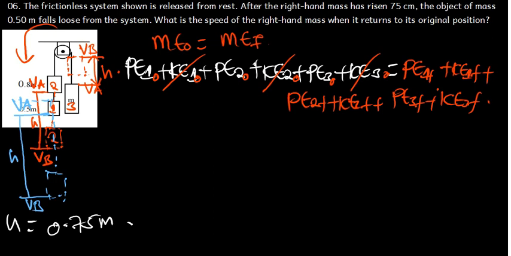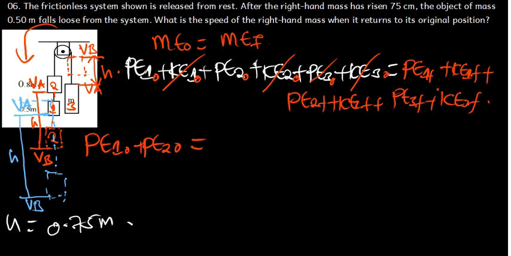We don't expect to have potential energy of 3 initially, so I'm going to cancel it. Initially we just expect the potential energy of 1 plus the potential energy of 2. This has to be equal to, let's now analyze final.